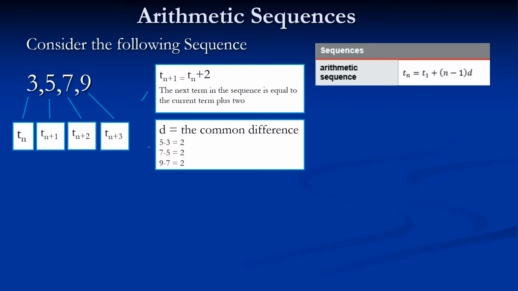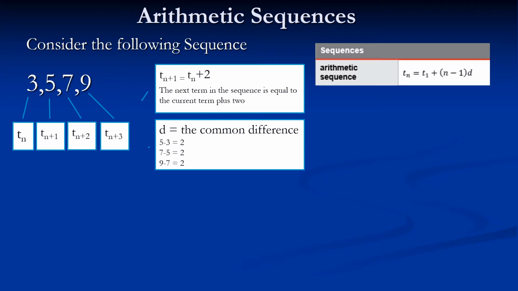So let's have a look at the following sequence. We've got the numbers 3, 5, 7, 9. The first term is 3, then the next term is 5, then 7, then 9. So we can say the next term in the sequence is equal to the current term plus 2.